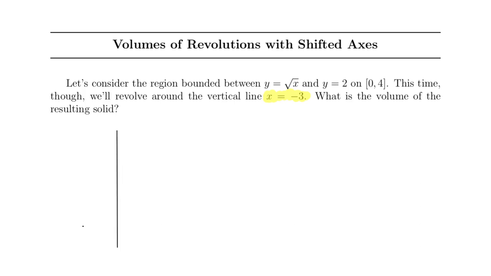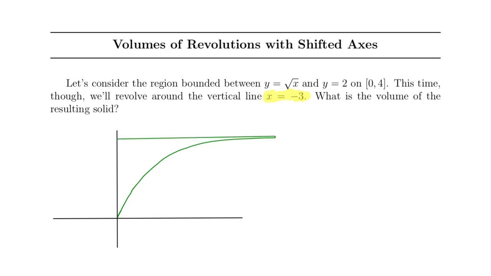We've seen this example before. We've got this square root function. There, we've got y equals 2, which is going to be a nice horizontal line. We'll call it there. We're looking at this region inside.